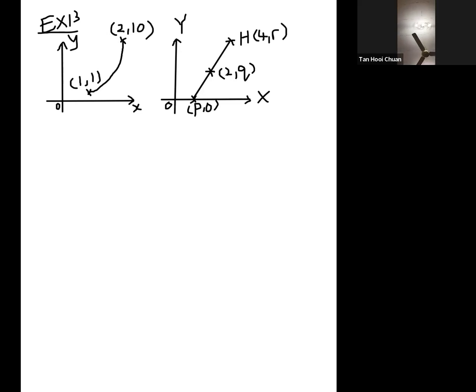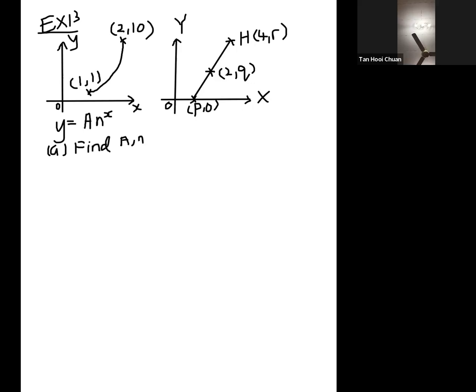So the question say, for the original curve y equal to a, n power x. So part A, they want you to find the A and N, sorry.